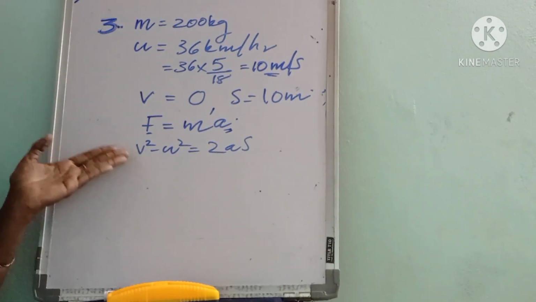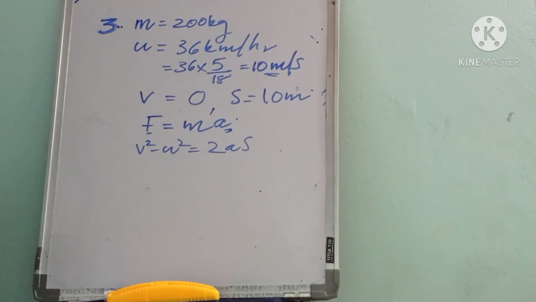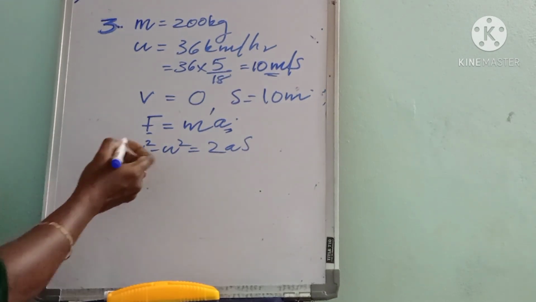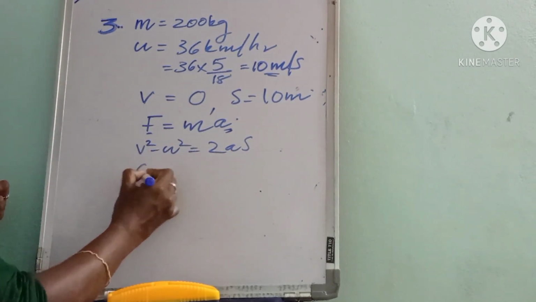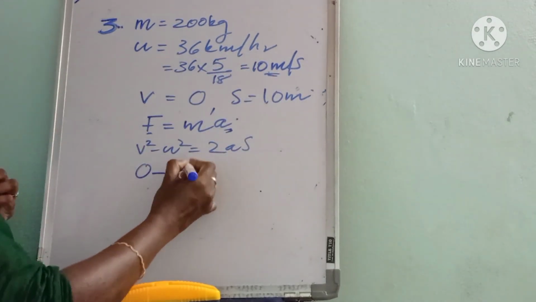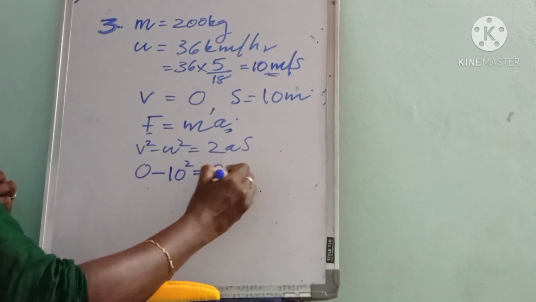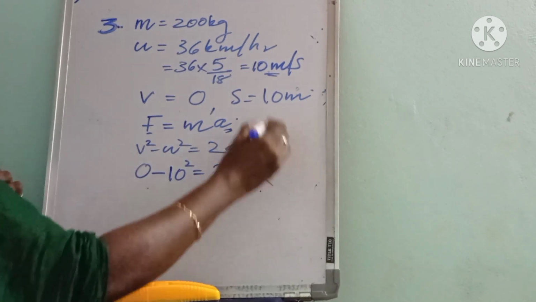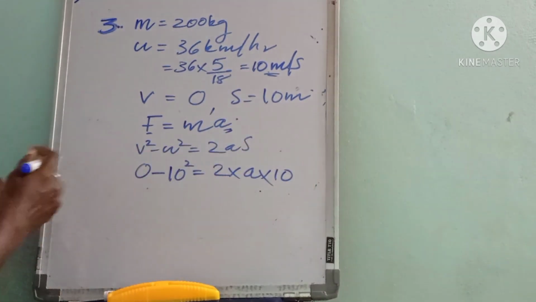So we are considering the relation v square minus u square equal to 2as for calculating what? Acceleration a. Then we can substitute. Final velocity is 0. So 0 minus u square, or 10 square, is equal to 2 into a. Then s is actually 10.